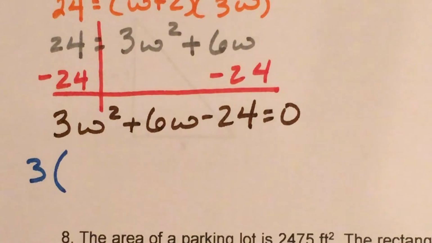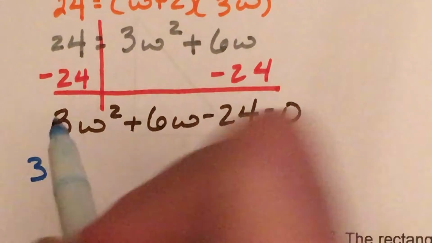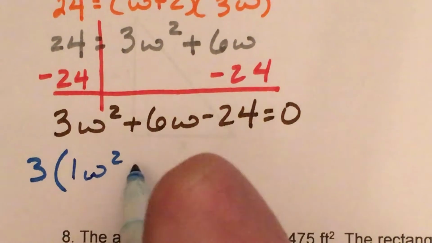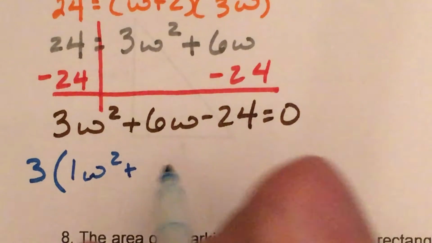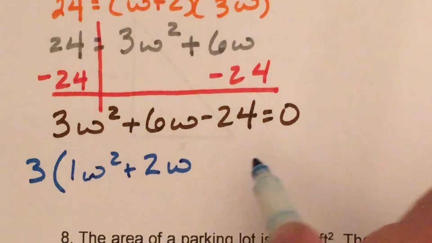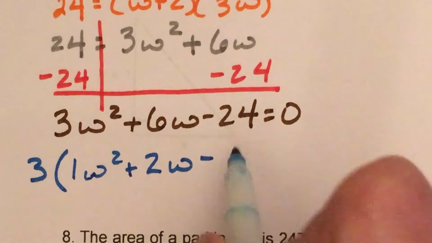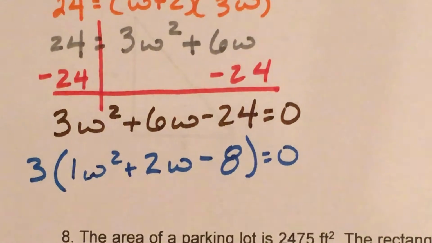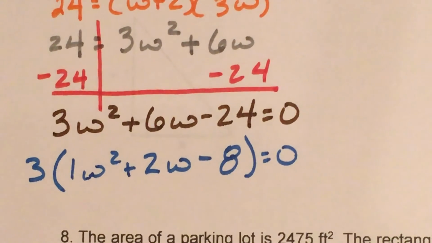So let's divide that out of all 3 terms. 3 divided by 3 is just 1W squared, positive. 6 divided by 3, 2 W's, minus 24 divided by 3, 8. Great. Now we can get started factoring.